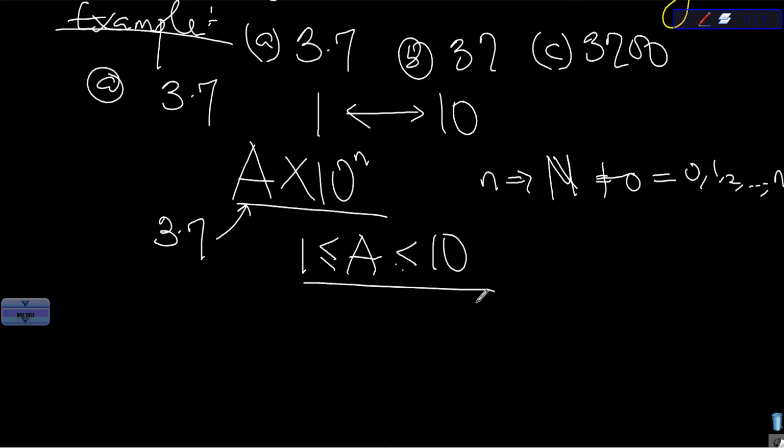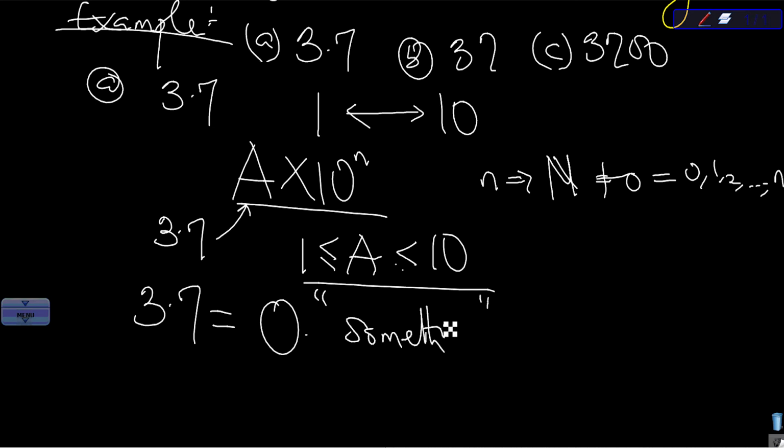So for that to hold for 3.7, I would say that 3.7 is the same thing as 0 point something. What is that something that follows? You will get to know soon.